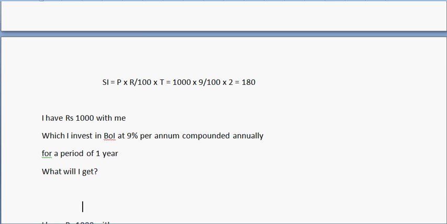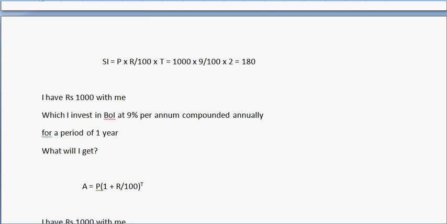The amount which I get from compound interest is given by this formula: 1 plus R, since R is generally in percentages, so we convert it into a fraction, and this is raised to power T, where T is the period for which it is invested.